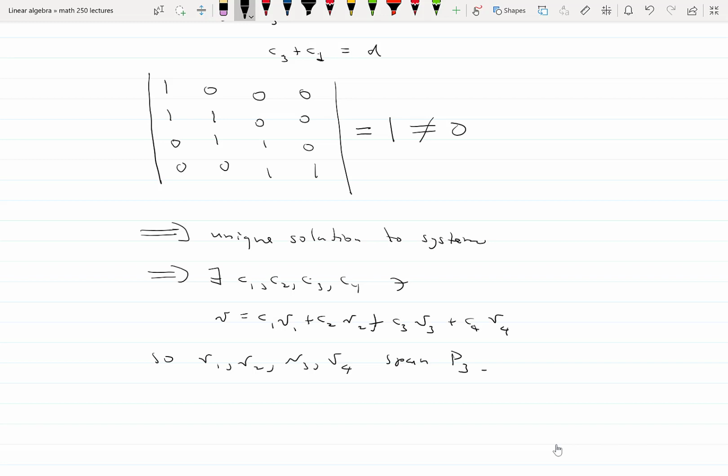Okay. Now again, this was a very, very long section. I would imagine that it's going to take quite a bit of time to get through the homework on this section, so I would get started on it right away.